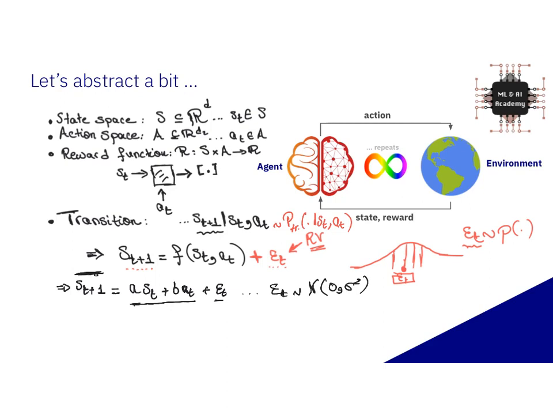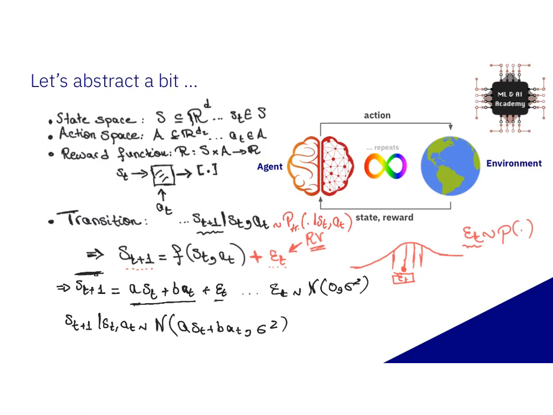Now, with this, you can derive the fact that st plus 1, given st and at, is also going to be sampled from another Gaussian, okay? The mean of that Gaussian is going to be a st plus b at, and the noise is going to be sigma squared. Don't really worry where this came from.